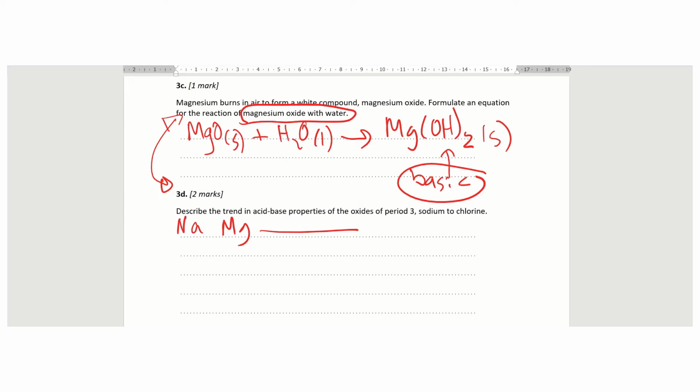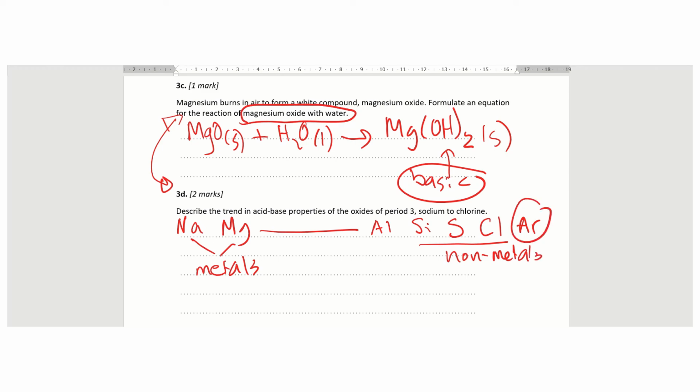Then we get aluminium, then silicon, then sulfur, then chlorine, and then we've got argon. So we know these two elements are going to be my metals. And then moving on from here, these are my non-metals.